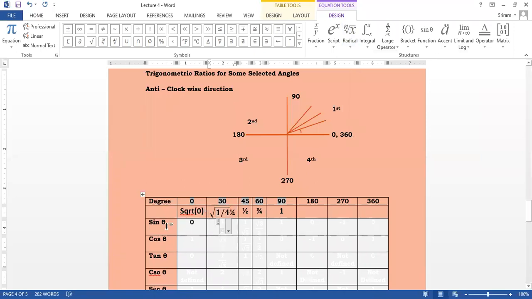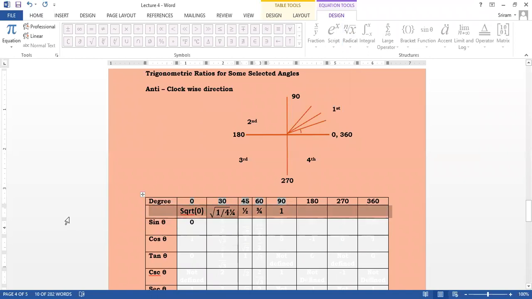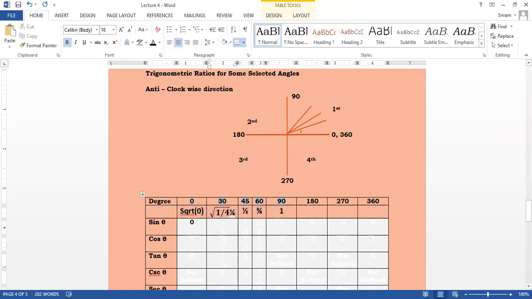So what will be the square root of 1/4? 1/2, isn't it? 1/2. No, square root, not square, my friend. Root of value. That's why I got the doubt. I put the symbol here. Okay, square root. So when I take the square root of 1/4, square root of 1 is 1, square root of 4 is 2. So this is 1/2.